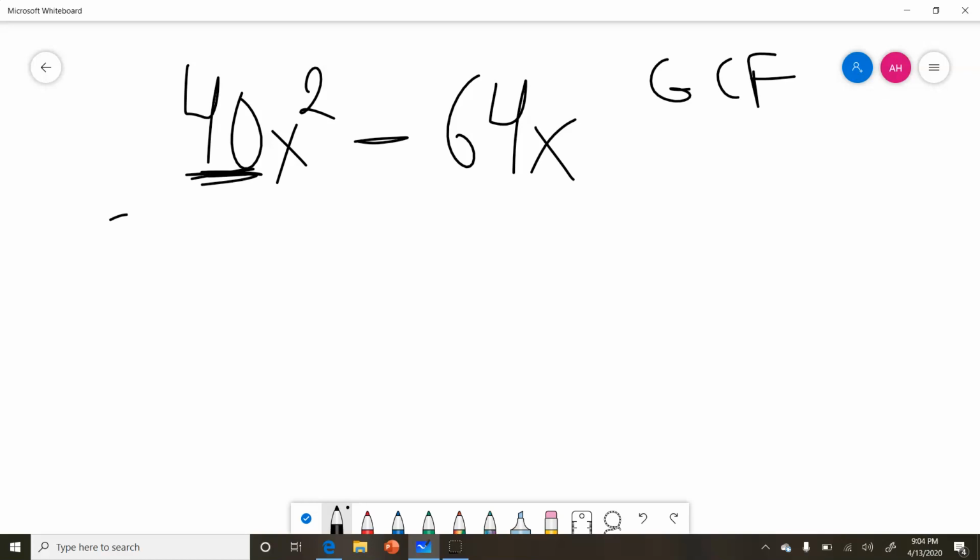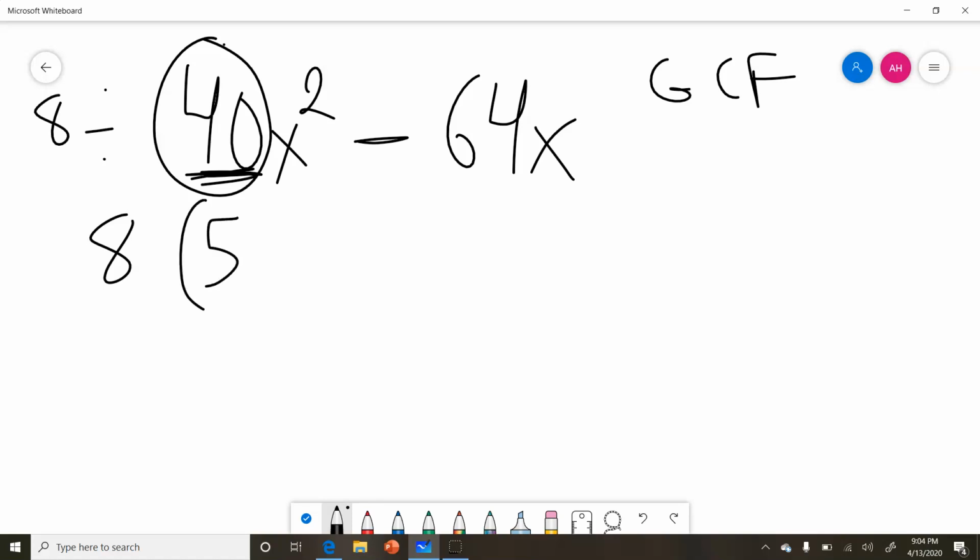It was 8, right? I need to divide by 8. So when I take this number right here and I divide by the greatest common factor, which is 8, I get 5. Okay, does everybody see that? 40 divided by 8 is 5.